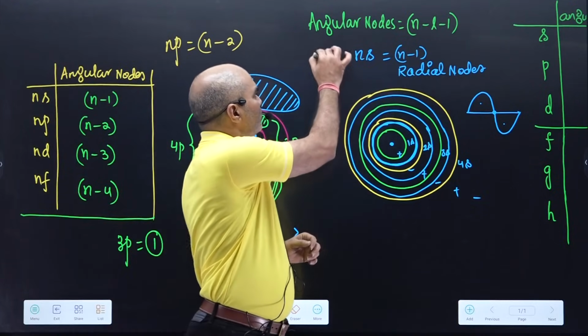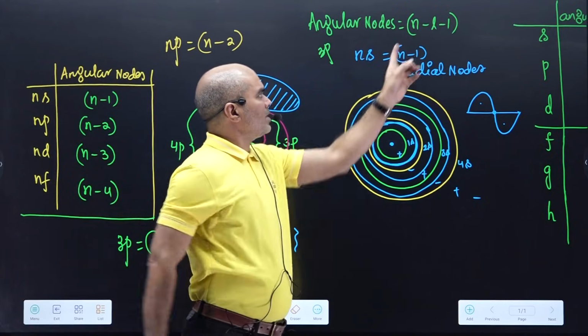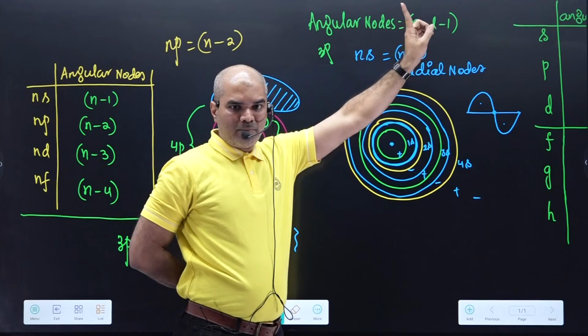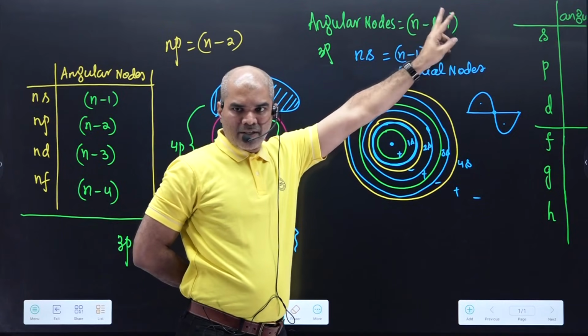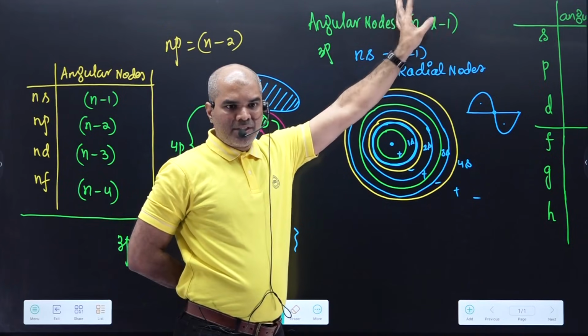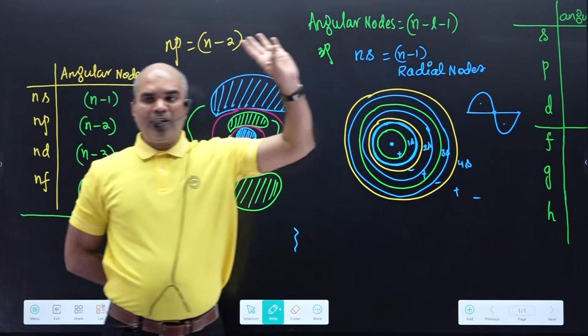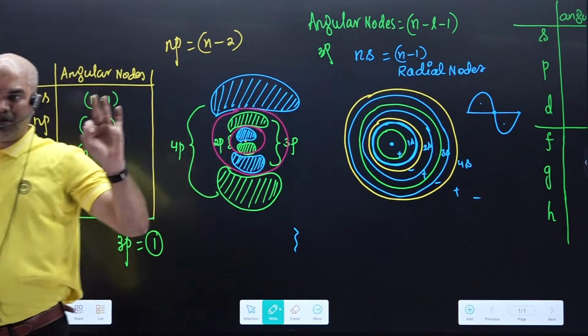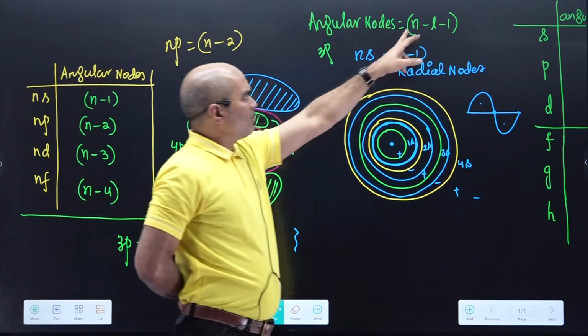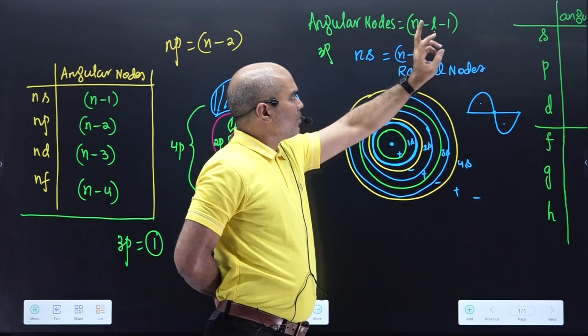Suppose I take 3p, how much is n? 3. L is 1, for p orbital L is 1. 3 minus 1 minus 1, so it is 3 minus 2, it is 1. So this is a generalized formula. Every time you need not remember n minus 1, n minus 2, n minus 3, n minus 4. Instead, n minus L minus 1, where n represents the principal quantum number and L the orbital quantum number.